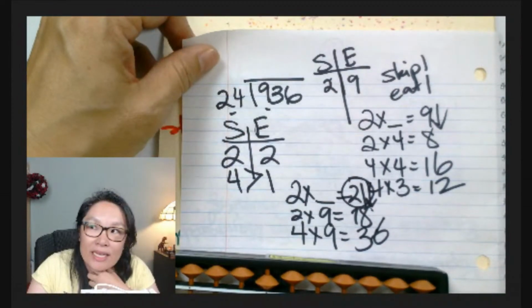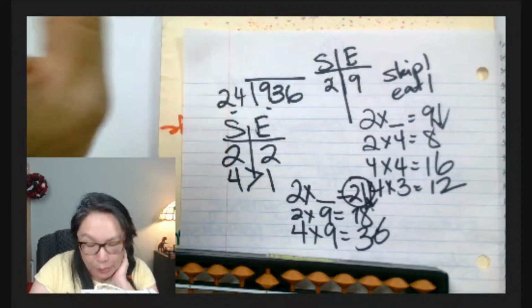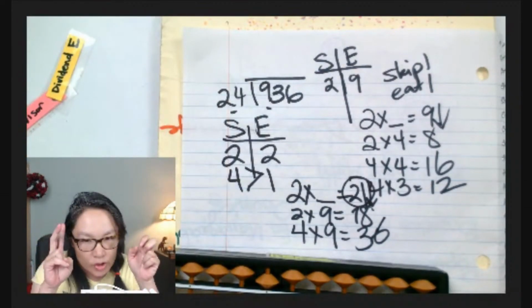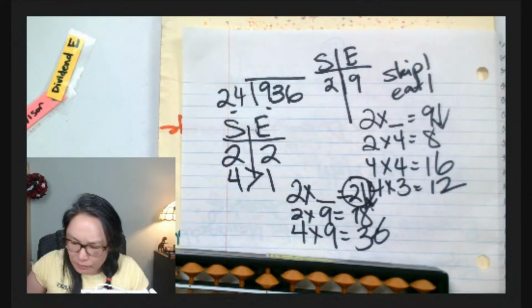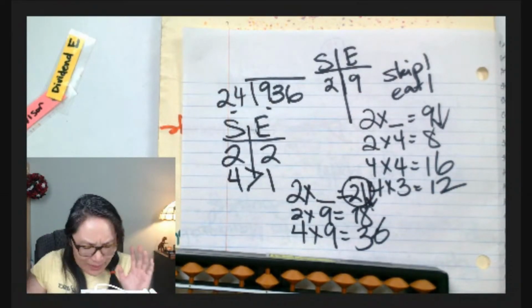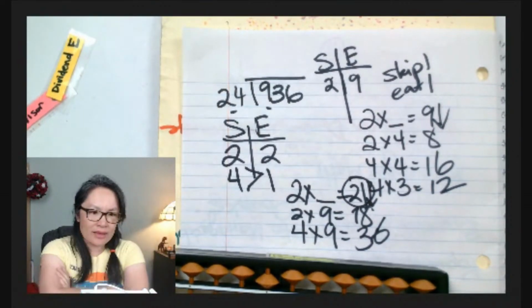I was trying to think of another way to do it. Somebody was saying like to break the quotient. But I don't think that's a terminology in mainstream math. You know what I mean?